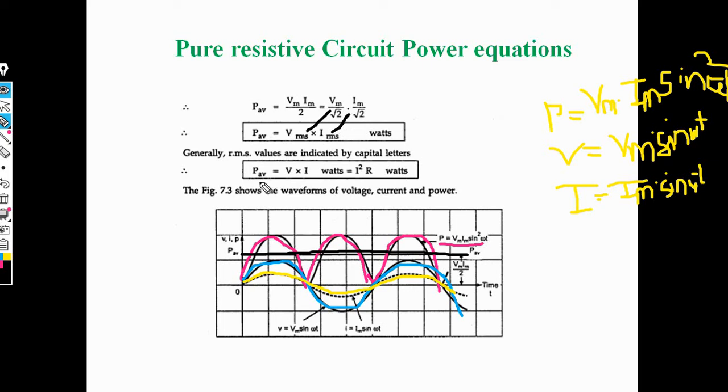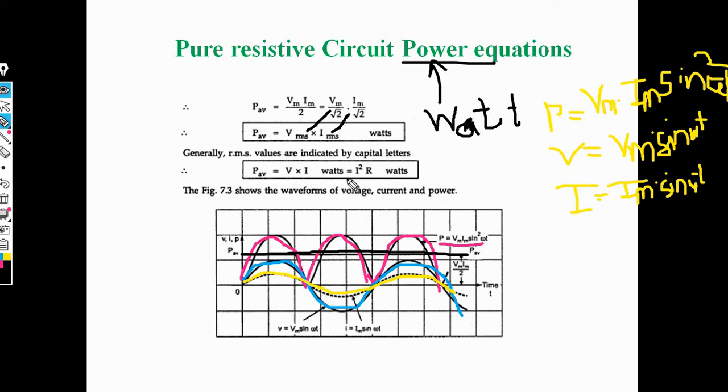That means the average power is the product of voltage and current. The unit of power is very important: the unit of power is watt.